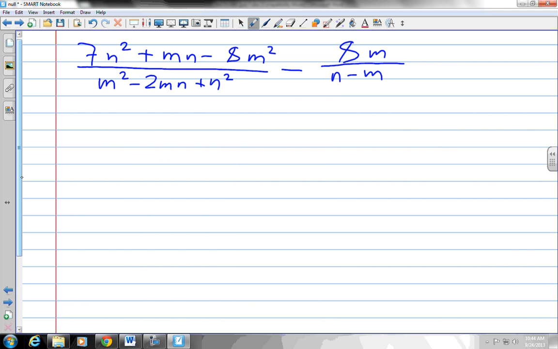So the first step would be to factor your denominator. If you look at the first denominator, is there a really quick way to factor that one? How would you factor the first denominator? You have m squared up front, n squared in the back, negative 2mn in the middle. What is that denominator?